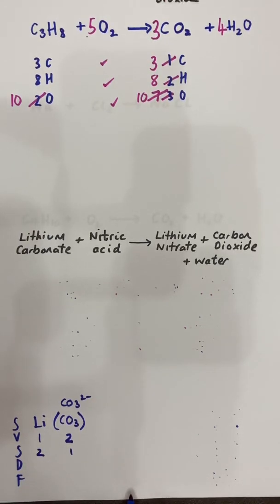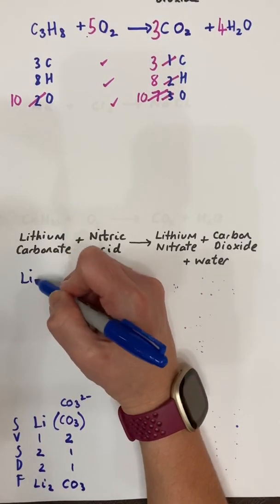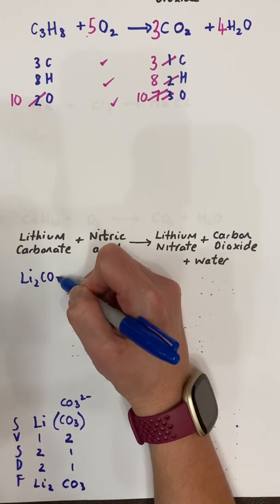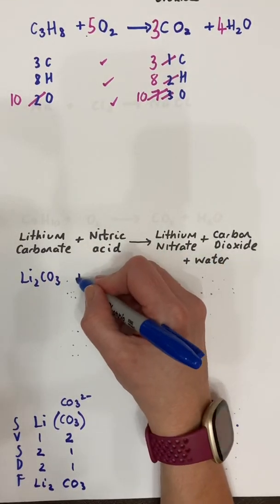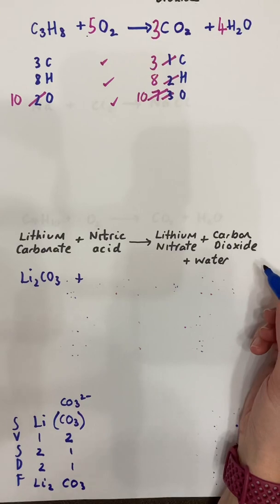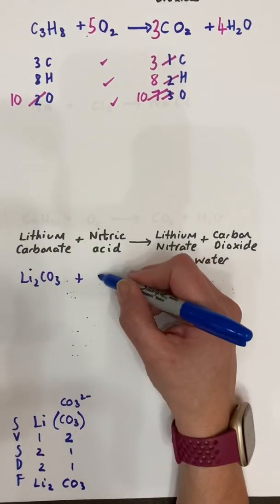Divide if I can get a simple whole number ratio, which I can't, so I'll leave it as 2 to 1, which means I have 2 lithiums and 1 carbonate, which means I don't need the bracket in. I would only keep the bracket in if this was bigger than 1. So my formula for lithium carbonate is Li2CO3.